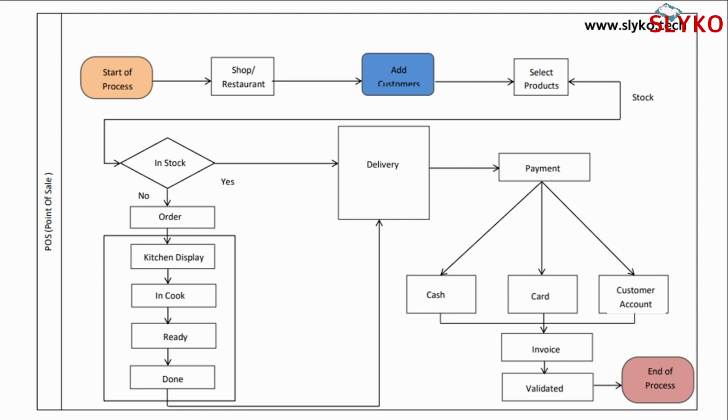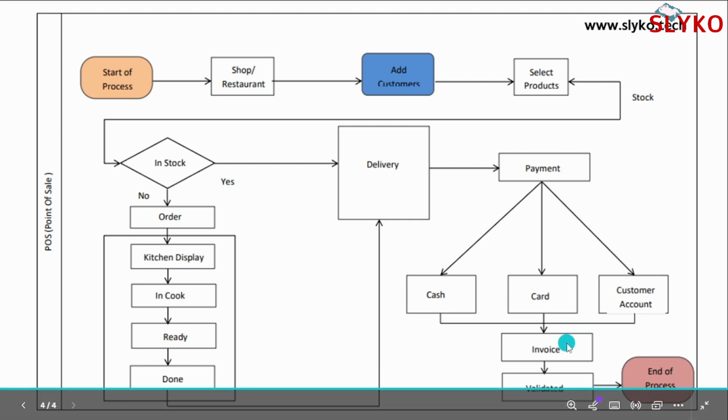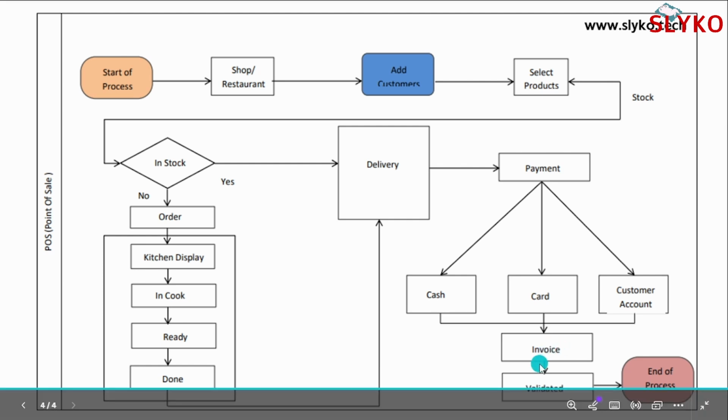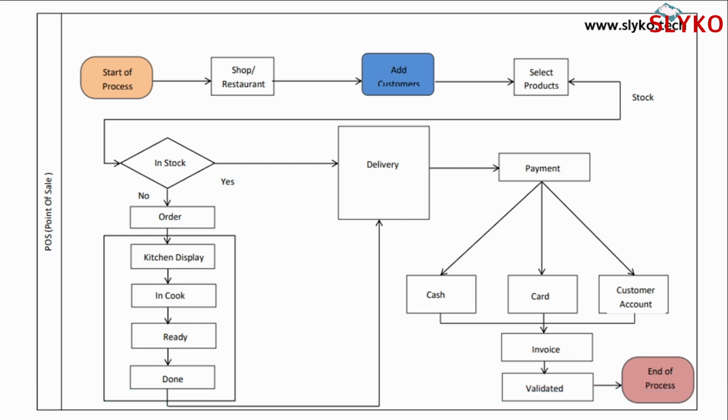After the payment is confirmed, an invoice is automatically generated and a receipt is issued to the customer. Once the sale is completed, the system updates the inventory to reflect the sold items. The process ends with the transaction being marked as finalized.